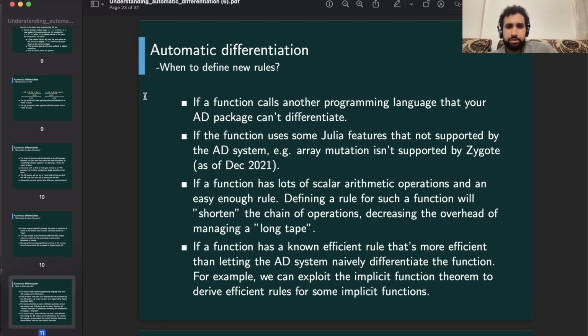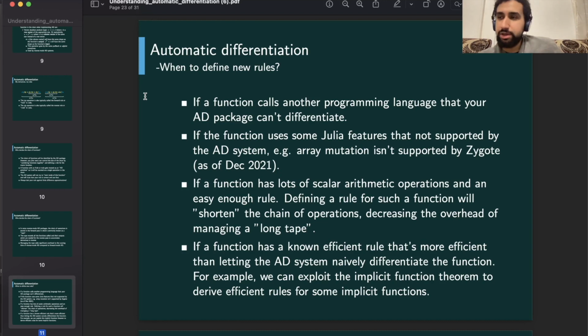And there's actually a cool way to combine AD systems from different languages by delegating the differentiation of a function from another language to the AD package from the other language, and then defining some kind of interface between, let's say, an AD package in Julia and an AD package in Python, for example, letting them talk to each other.